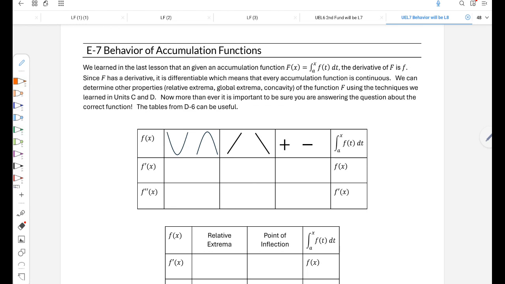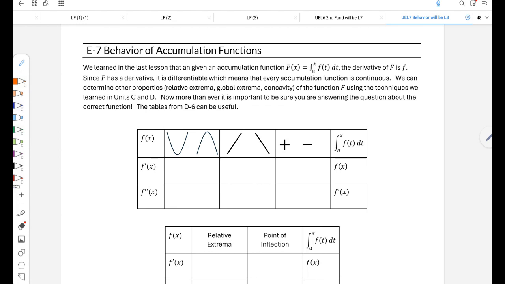These tables from D6 can be useful. When I gave you these tables, I included the right side back in the previous unit. We just didn't know exactly what all of it meant. But the idea is that we have these relationships between functions and their derivatives, and now we can even think of their antiderivatives. So let's review, starting out over on the left.